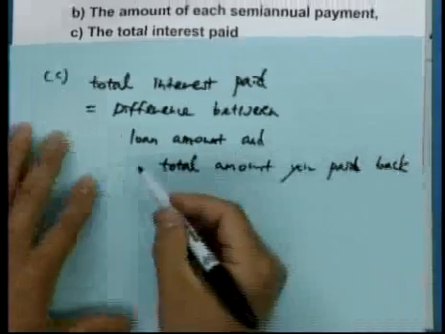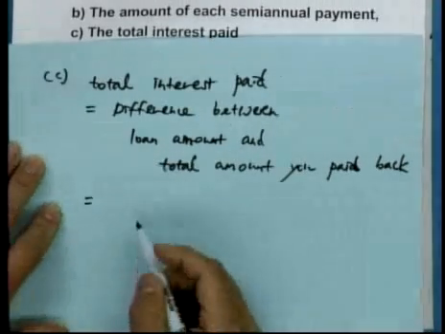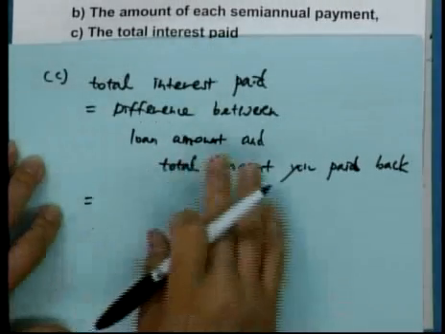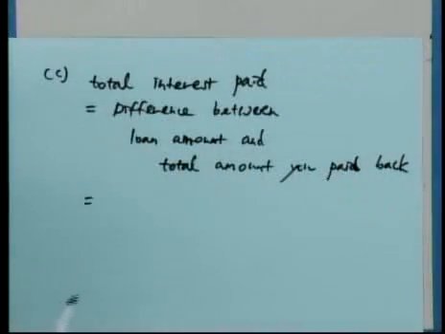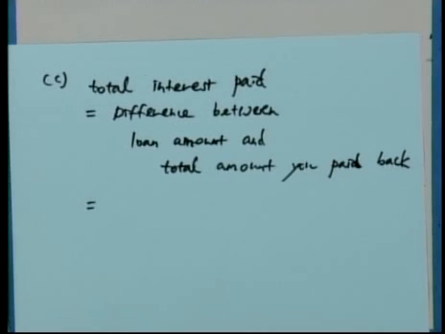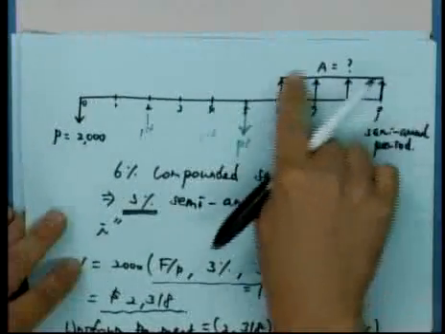So how would you get this value? How much was the 4 equal payment?